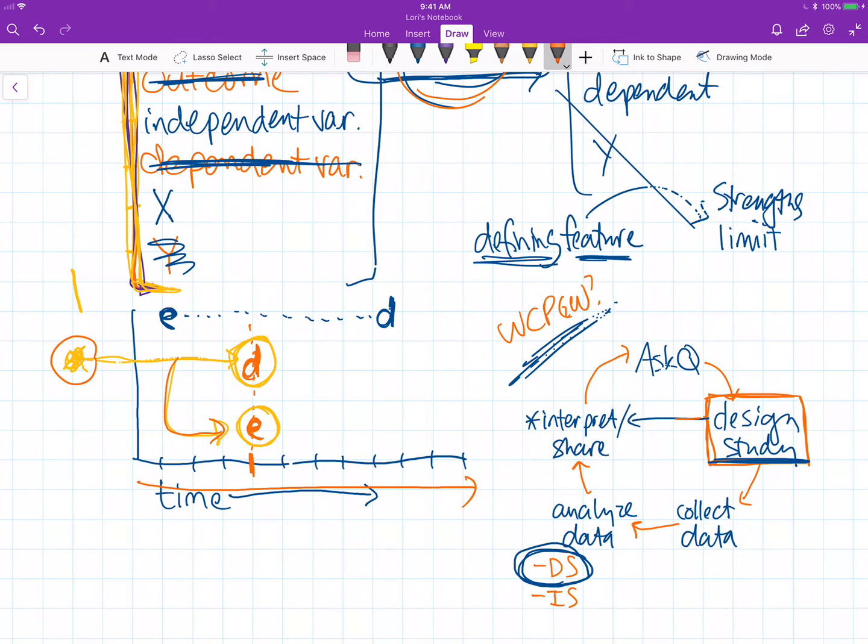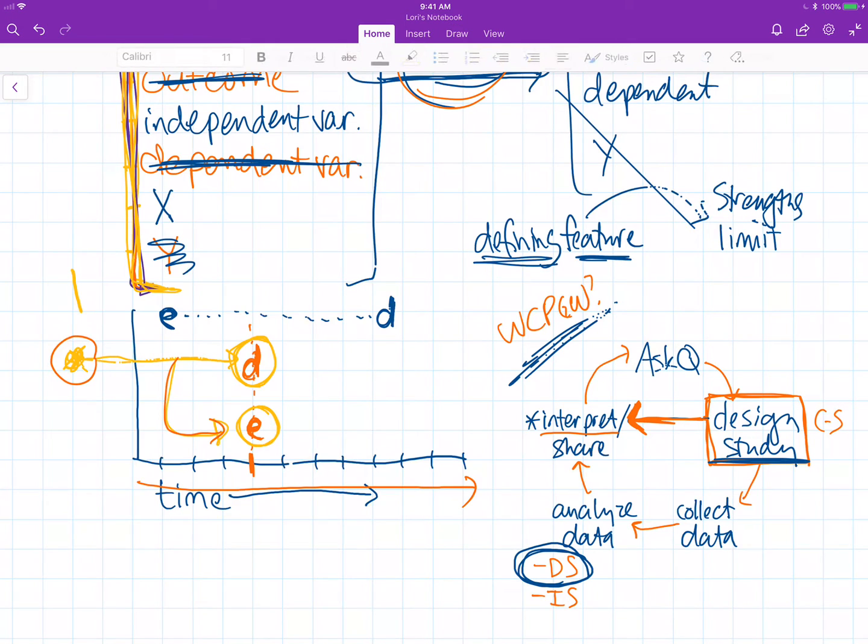And so we have to be extremely careful when we are thinking about our study design. If we have a cross-sectional study design, our interpretation cannot even imply a causal sort of relationship there.